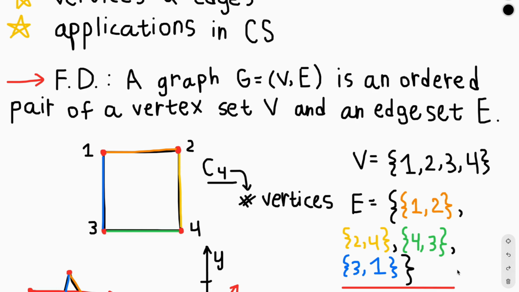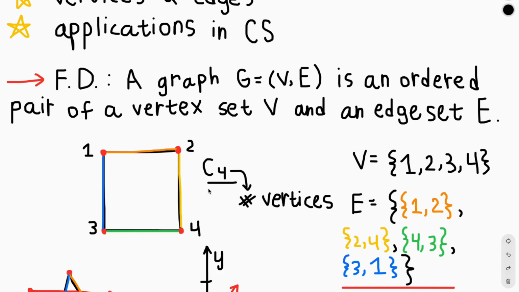So our example here is the graph C4, and you don't have to worry about the specific names for graphs. We're not really going to be talking about that in this video, but since this is our example, I will explain the name. C represents cycle, or stands for cycle.